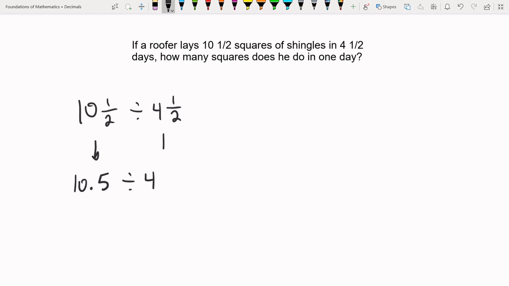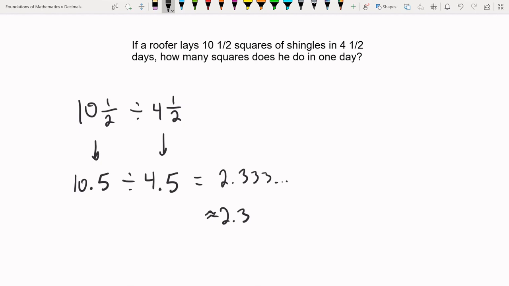And then 4.5 is going to be 4.5. So we just do 10.5 divided by 4.5. That gives us 2.333 repeating, or approximately 2.3 squares in a day.